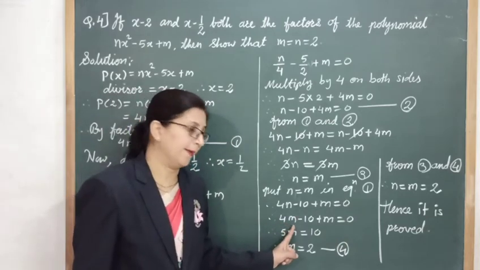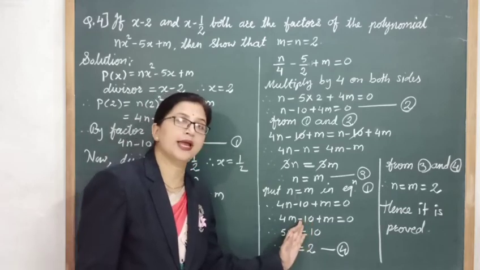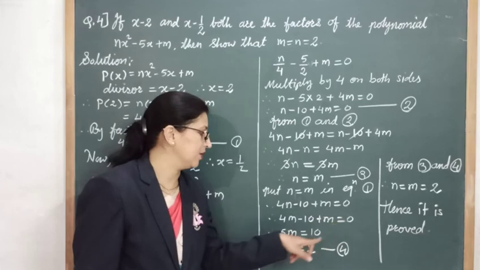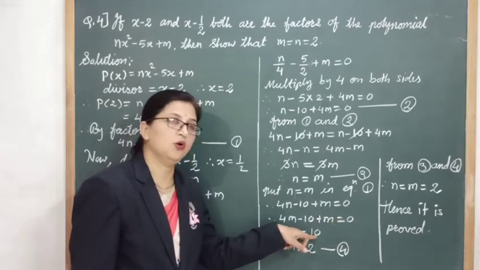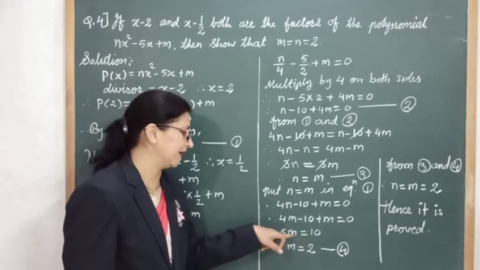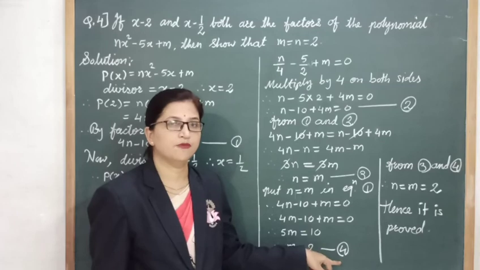Here 4m plus m is 5m, and as we transfer the negative 10 to the RHS, it becomes positive. So 5m is equal to 10. Since 5 is multiplying, it will divide, so we get the value of m as 2. Let's call it equation 4.